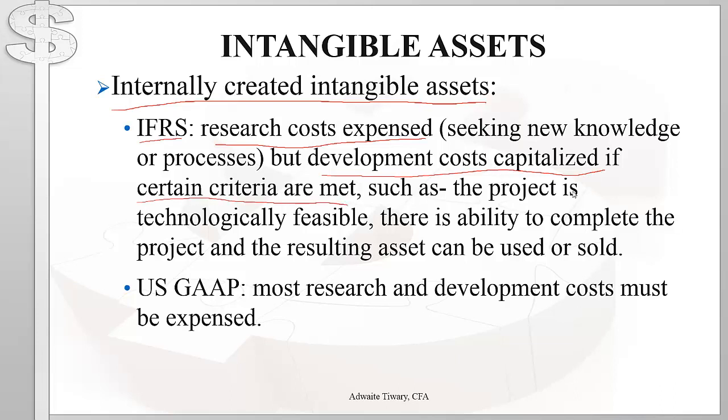For example, the project is technologically feasible, or there's ability to complete the project and the resulting asset can be used or sold. On the other hand, the US GAAP requires most R&D costs to be expensed. Therefore, under the US GAAP, the development costs won't be capitalized even if all of these criteria are met.